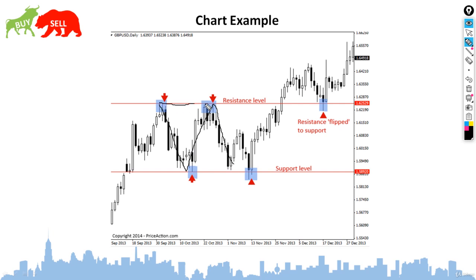The market breaks the last top here, which is also a resistance, and the market turns and pulls back to test the resistance and also the last top of this double bottom. And here it's a confirmed double bottom reversal.